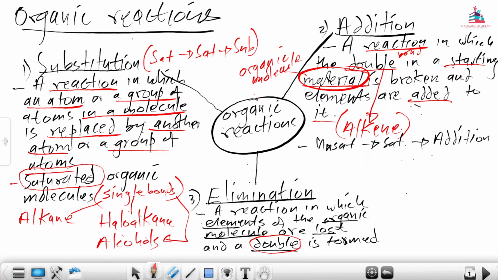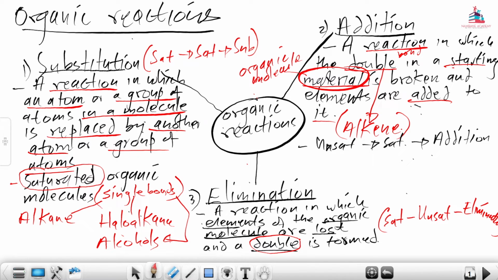So for elimination to take place, in simple terms, it must move from saturated to unsaturated. Then that reaction must be elimination. It's very, very important for us to understand that.